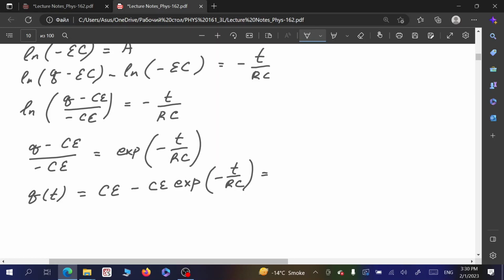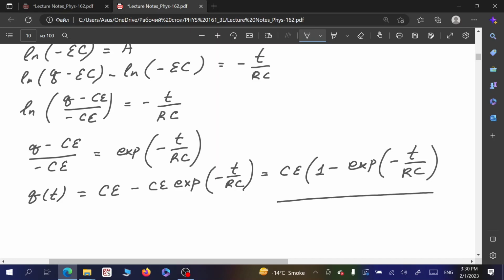And this is equal to c epsilon times 1 minus exponent minus t over rc. So this is the expression for time-dependent electric charge accumulated in the capacitor.